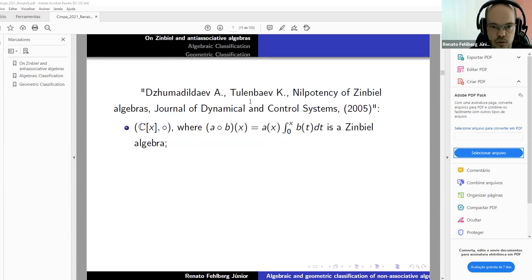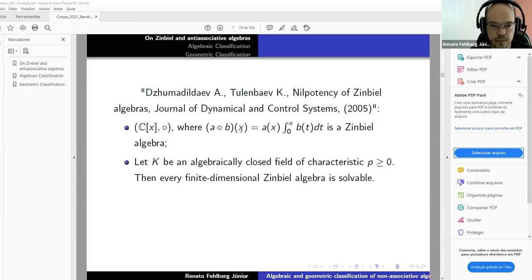And there are also interesting results about Zinbiel algebras. In this paper, it was proved that this algebra, when you define this product, is a Zinbiel algebra. For example, if K is an algebraically closed field of positive characteristic, then every finite Zinbiel algebra is solvable.